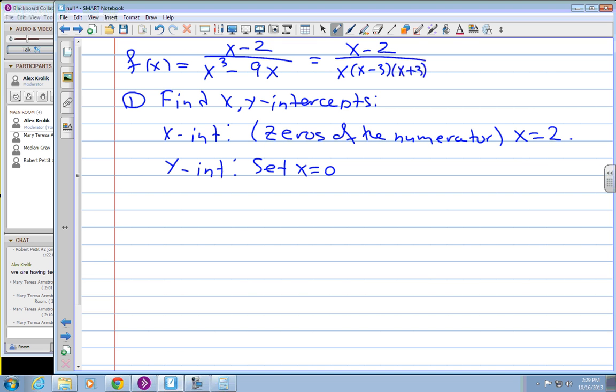Well, if I do that, what will happen? I'll get negative 2 in the numerator, but 0 in the denominator. So there's no y-intercept, right? So undefined. So the graph does not touch the y-axis. Actually, the y-axis would be one of the vertical asymptotes. So we cannot touch the y-axis in this case.